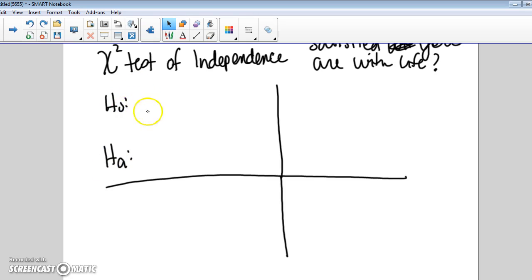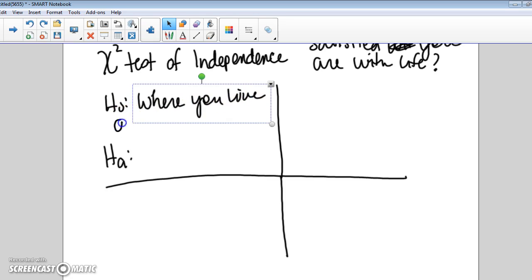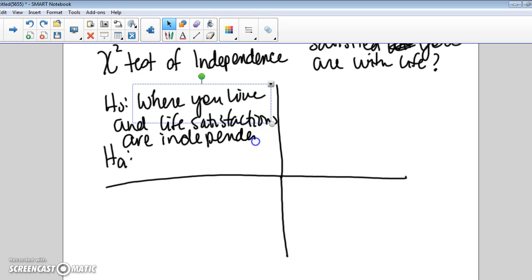So our null would be that where you live and life satisfaction are independent. And this would be the same, but you would put are not independent.